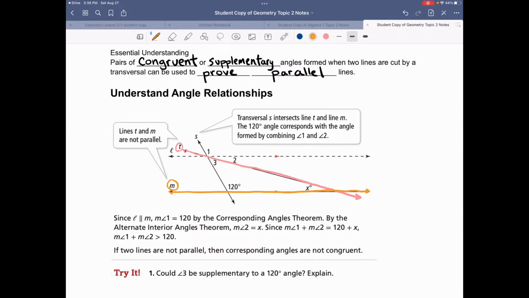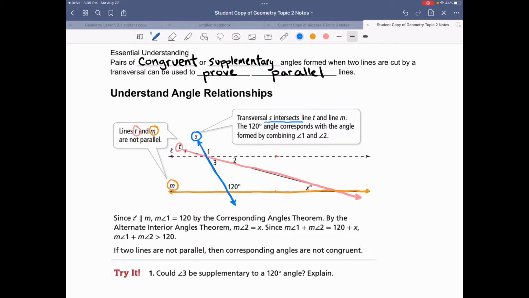And then the transversal S intersects the line T and line M. Let me just highlight right here. We can do this with our colored pencils. We have this transversal S, and it says that S intersects those two lines. They're giving us all of this information.